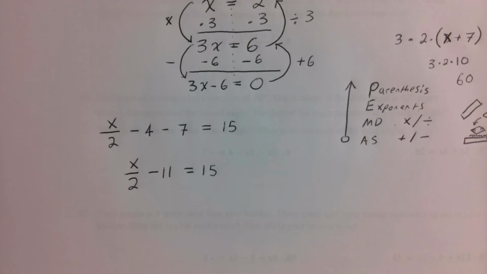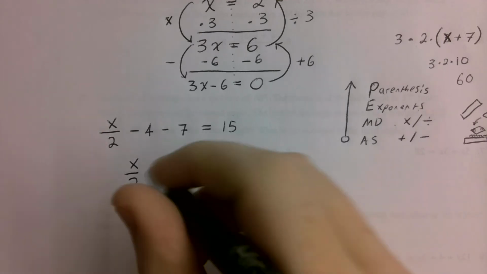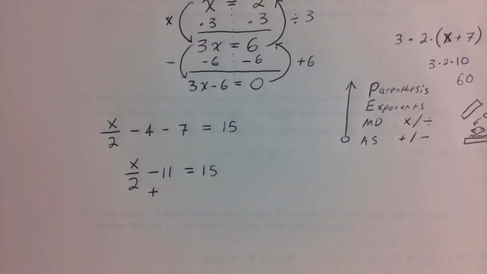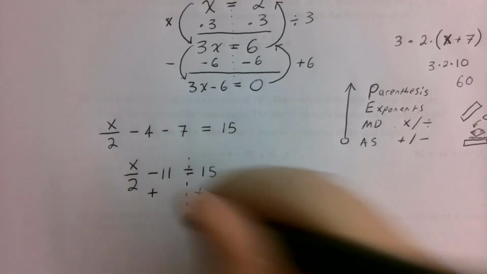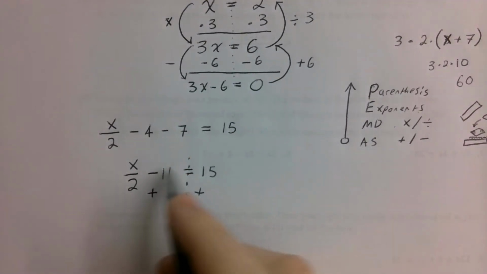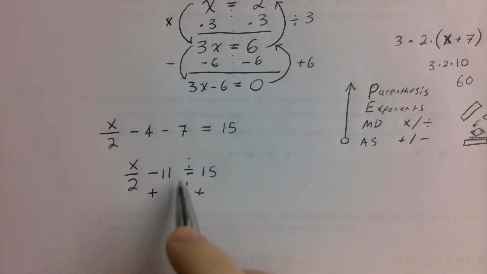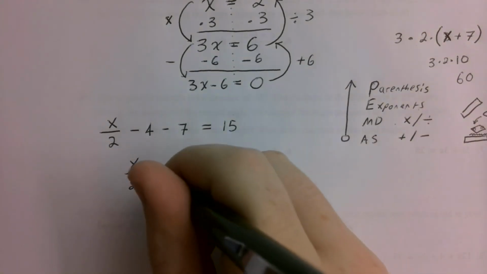To get rid of it, we know that we have to do the inverse operation. What's the inverse of subtraction? Addition. So we're going to add something to both sides, whatever will get rid of negative 11. So we add 11.